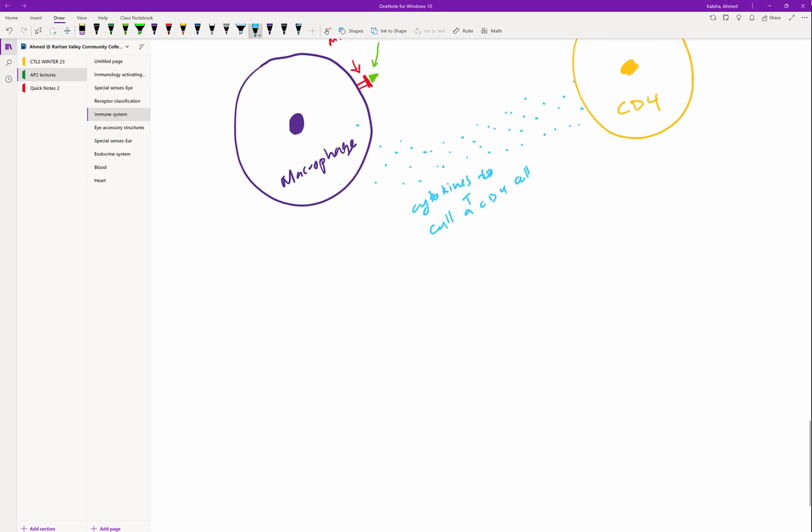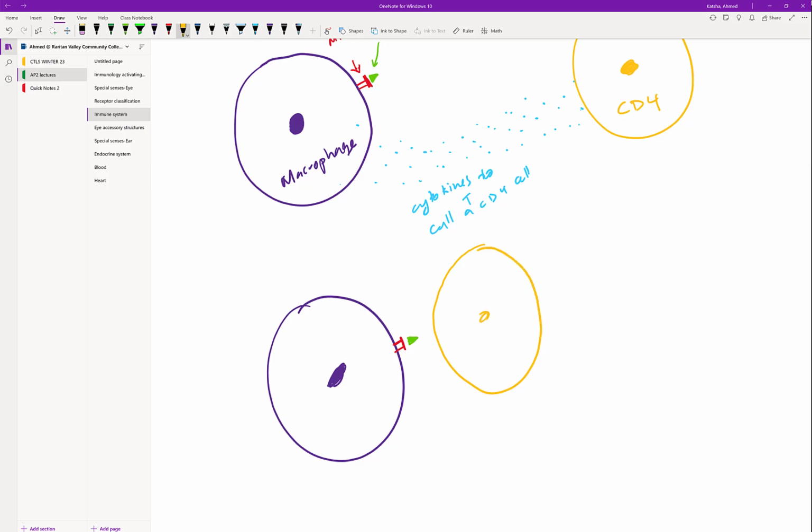So what's going to happen is this macrophage, again, is still displaying the non-self antigen. We have the same macrophage here. The CD4 would come toward the macrophage. This is still CD4, and this CD4 is going to do two things. The first one is to recognize the non-self antigen.